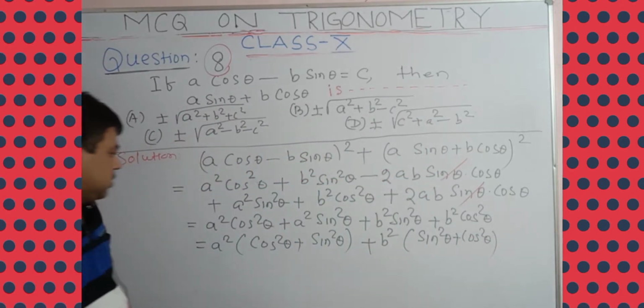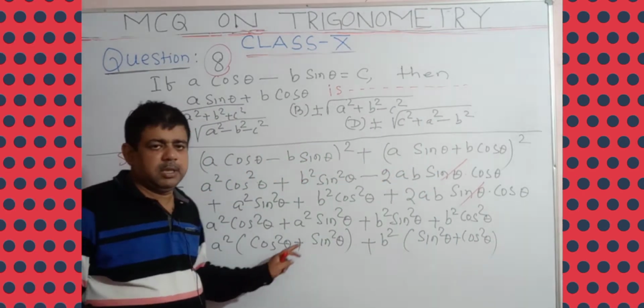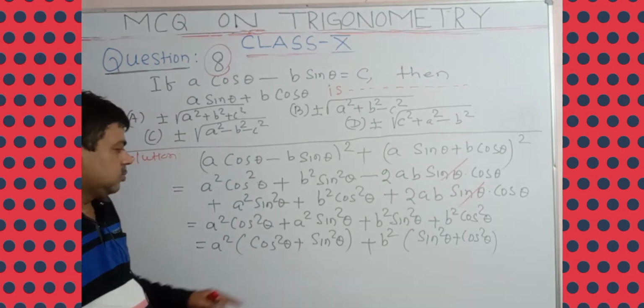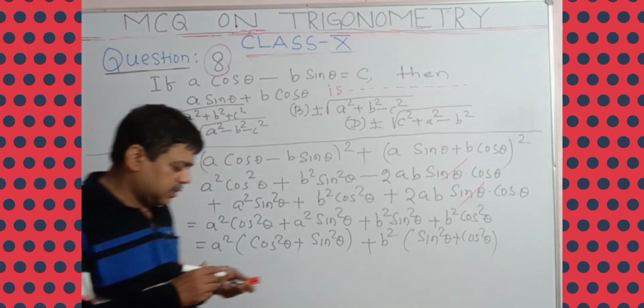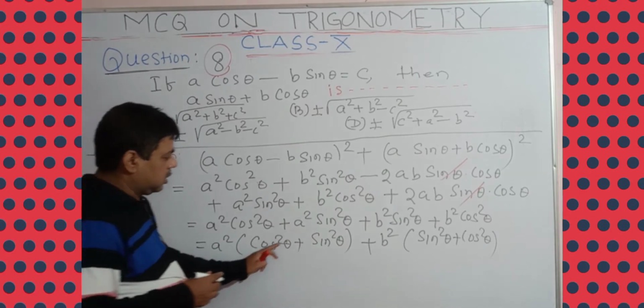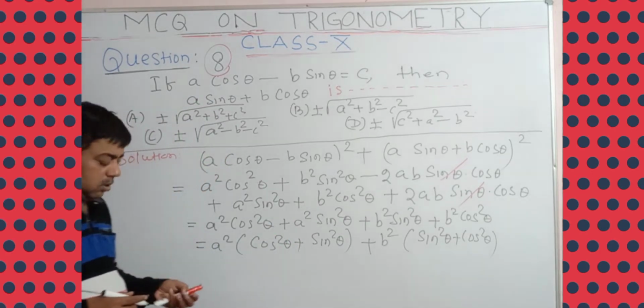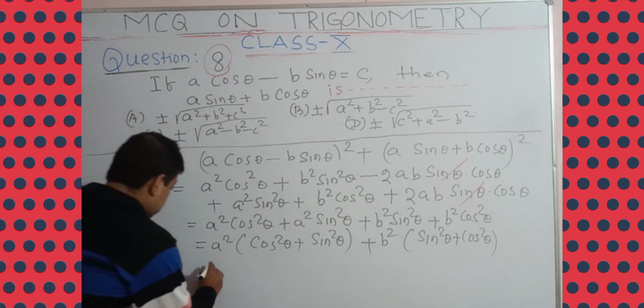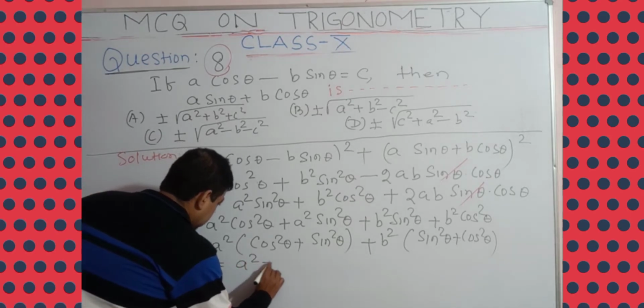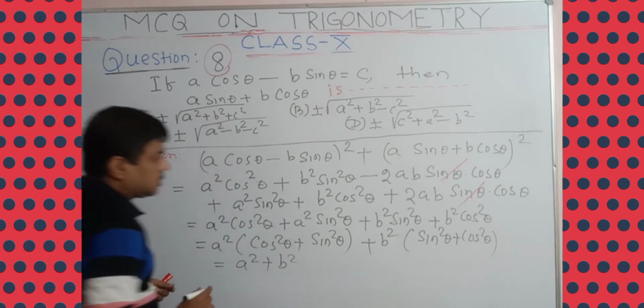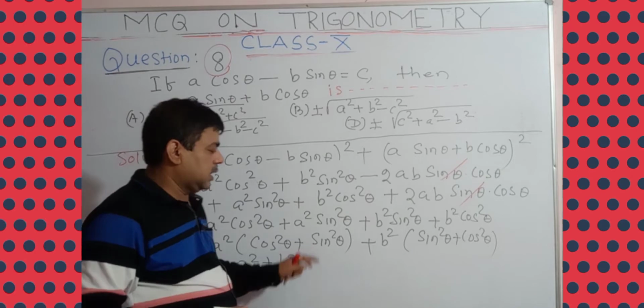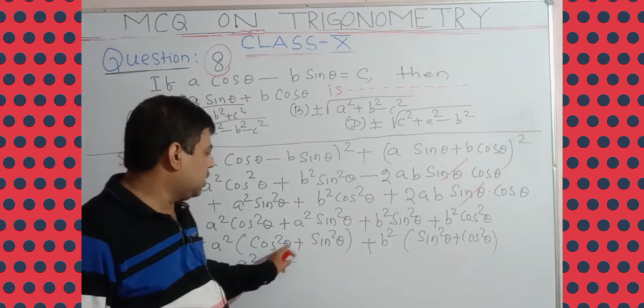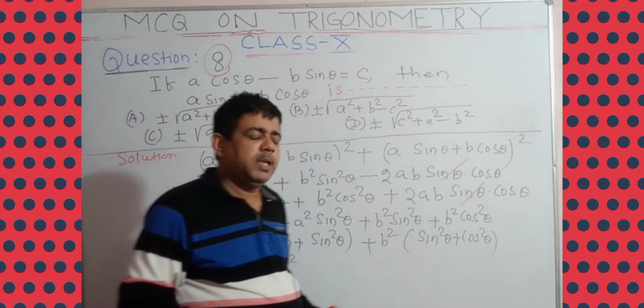Here cos square theta plus sin square theta, we already know the value is 1. So this value will be a square plus b square, because cos square theta plus sin square theta is 1. So this value will be 1, and this value also will be 1.